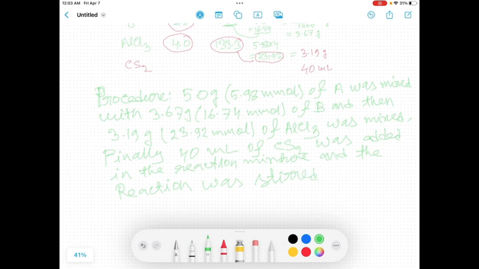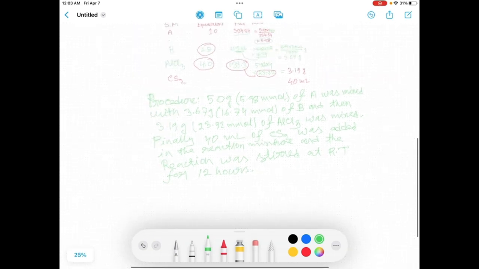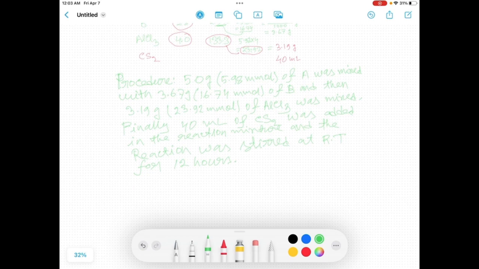Now you need to say whether this reaction will be stirred at room temperature or a certain degree of temperature, or ice. So stirred at, suppose we are doing room temperature, RT, for how long? Like maybe 12 hours. So we can say 12 hours. So this is the procedure you're writing.